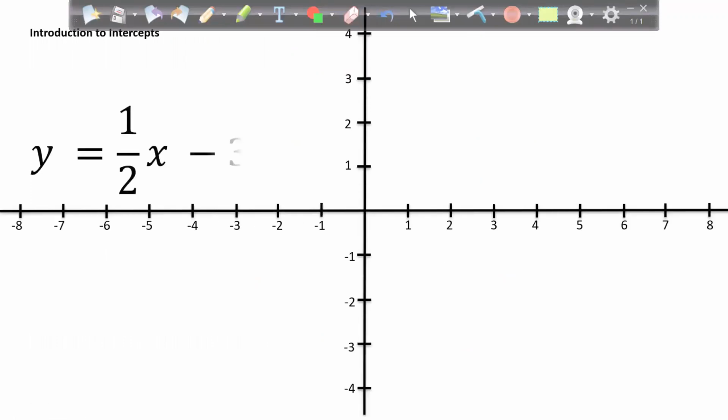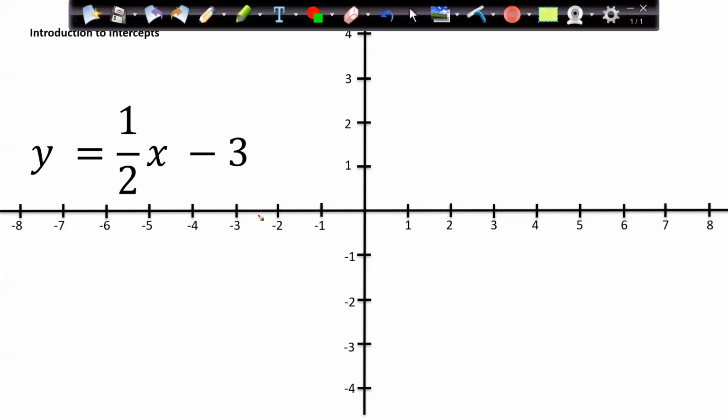Now the introduction of intercepts. Now what is an intercept? Intercept is nothing but, there are two types of intercept. One is x-intercept, second is y-intercept.